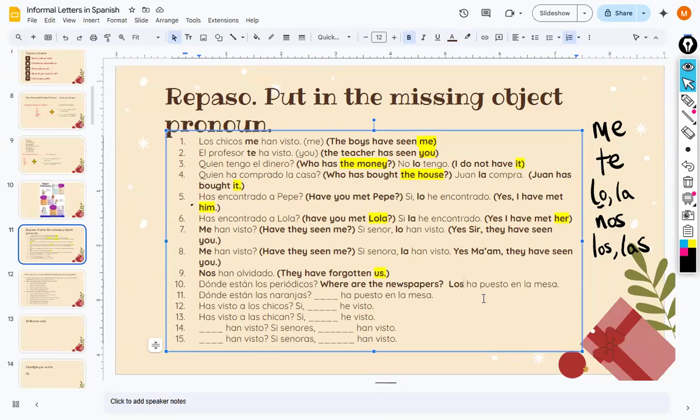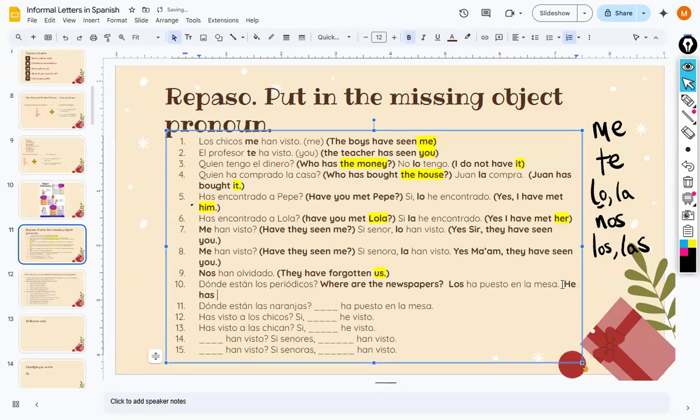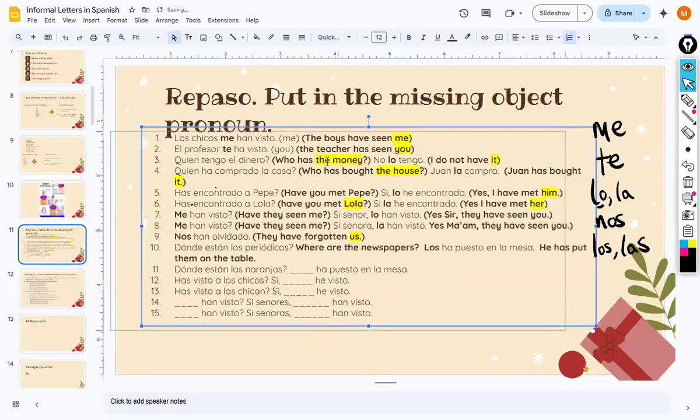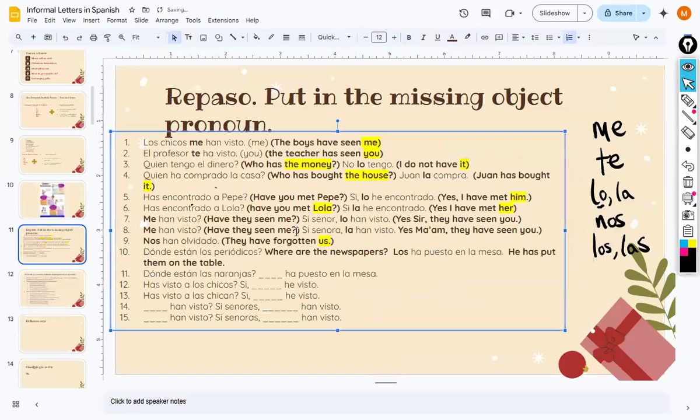Okay, number 11. ¿Dónde están las naranjas? Do I need to put the English here? So you'll notice these sentences are also using present perfect tense, right? Another reason why we revised that tense today. Okay. ¿Dónde están las naranjas?